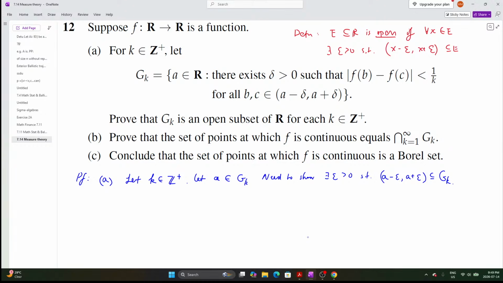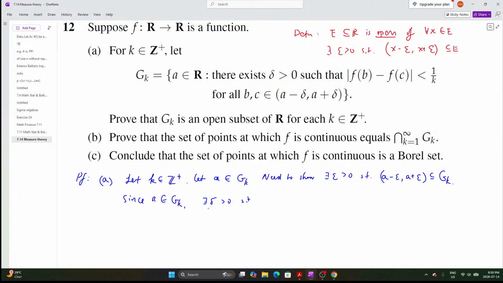All right, so how do we find this epsilon? We need to understand the definition. So k here is now fixed. Just consider k equal to 1, for example. We know that a is in G_k. Since a is in G_k, there exists delta greater than 0.